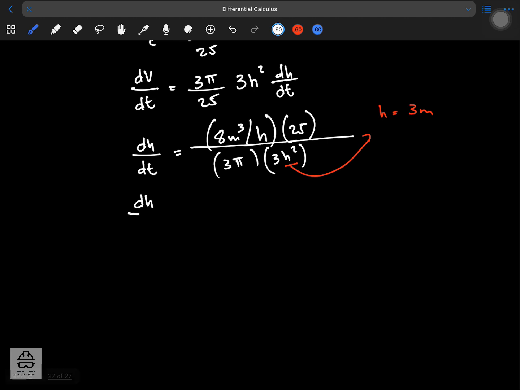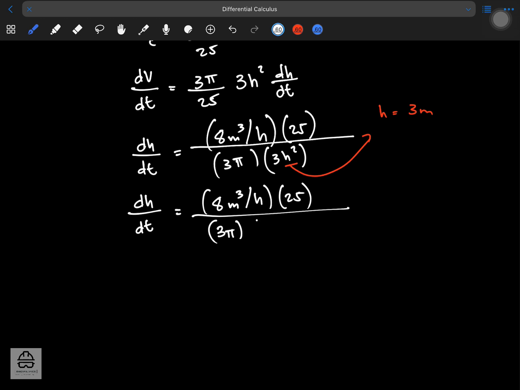That would be the change in height of the water with respect to the change in time is equal to 8 cubic meters per hour times 25 divided by 3 pi times 3 times 3 meters raised to the power of 2. Okay?